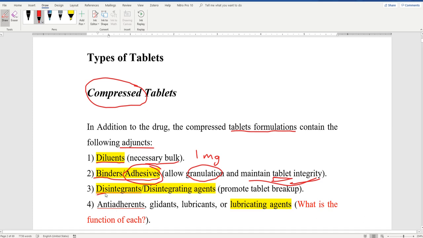Type number 3 is the disintegrant or disintegrating agent, and we talked about this in capsules, where we need to use super disintegrants. But for tablets, do we need to use super disintegrants, otherwise it will not work?